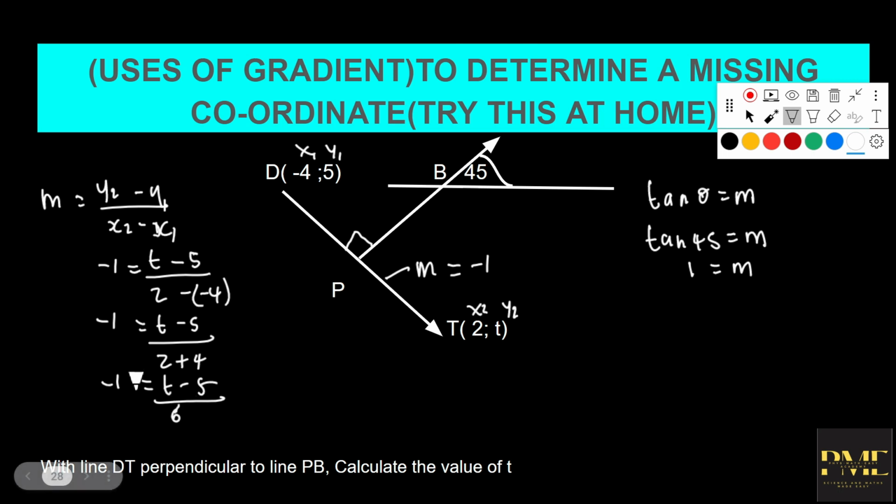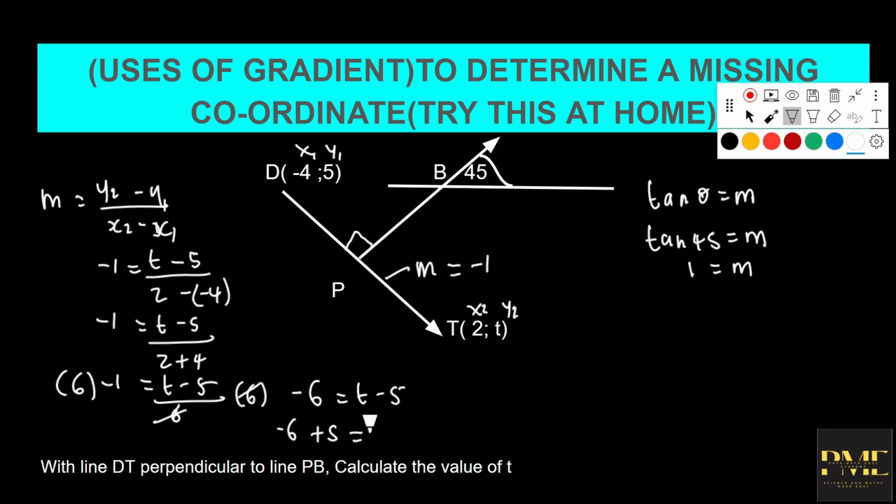So the denominator is there, because we've got a fraction, and the most effective way to get rid of your denominator is to multiply by it on both sides, okay? So 6 and 6 will go, and then we have 6 multiplied by -1, which means -6 is equal to t minus 5, okay? Then we're going to transpose our 5 to the other side, so we have -6 plus 5, because it has crossed over it must change sign, this will be equal to our t, and then -6 plus 5 is -1. So we have -1 equal to t, guys.